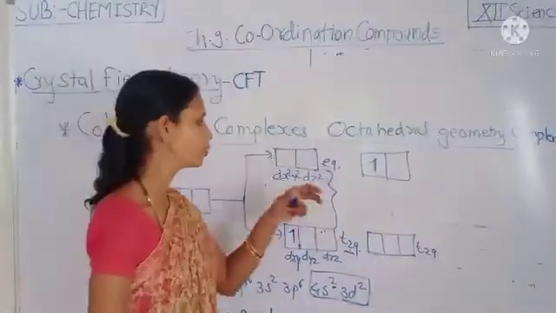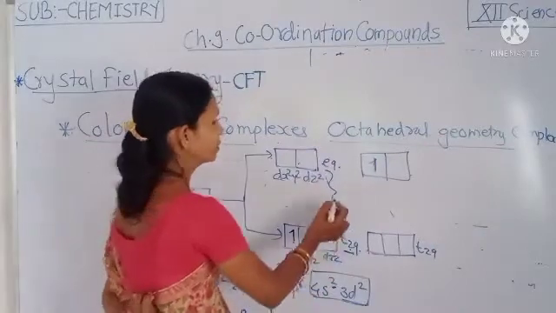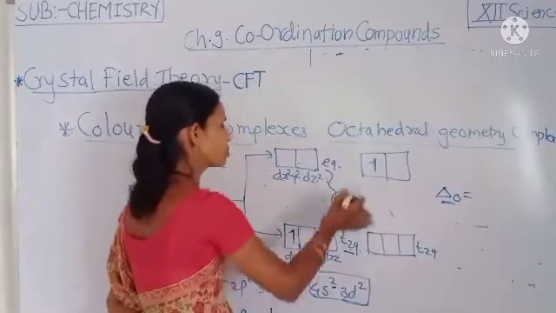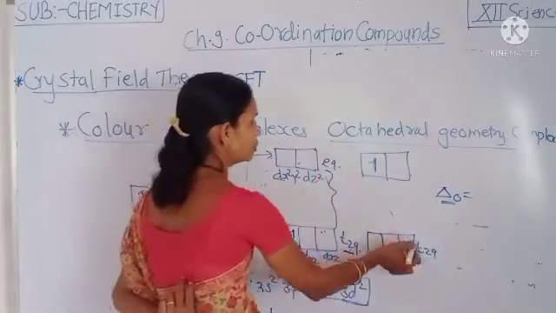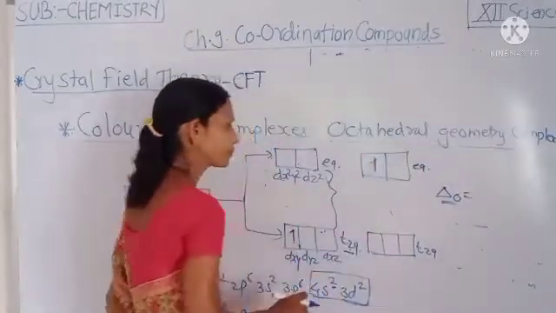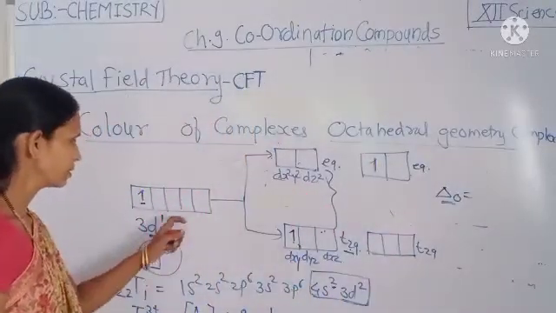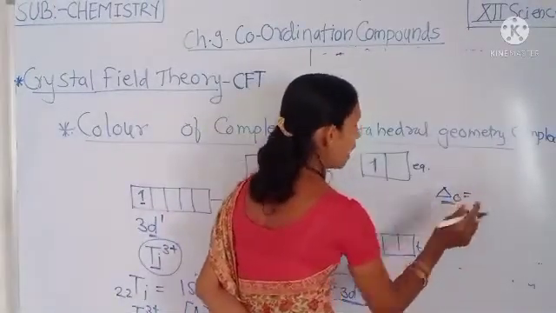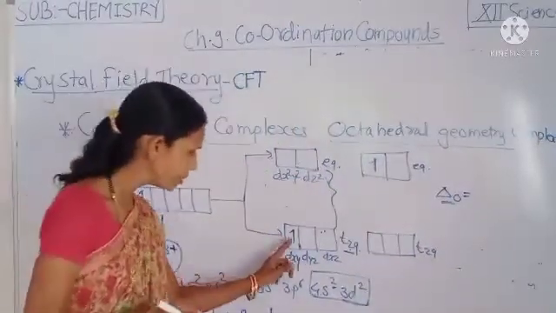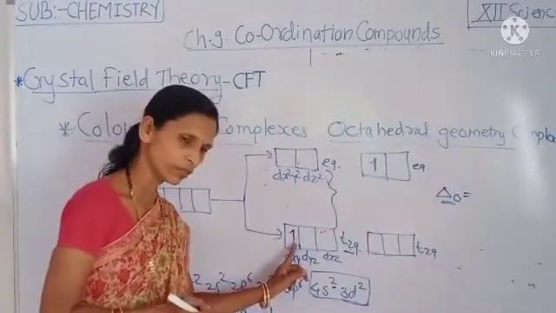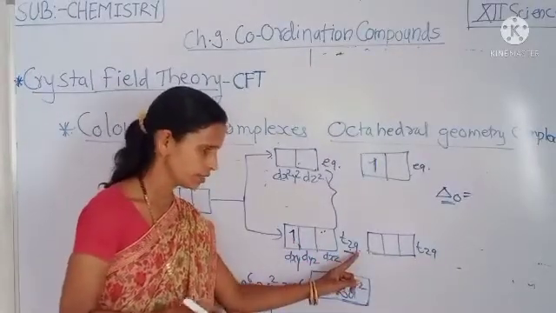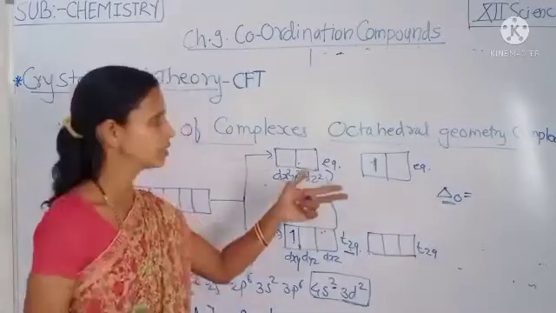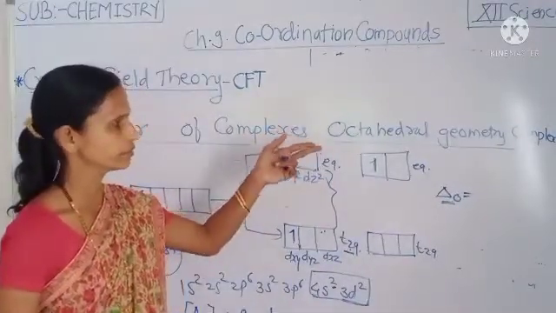That delta O is the energy related to the promotion of the electron from T2g to Eg orbital of the Ti3+ ion. When the electron in T2g absorbs light energy, the complementary wavelength of light energy imparts the color to that complex.